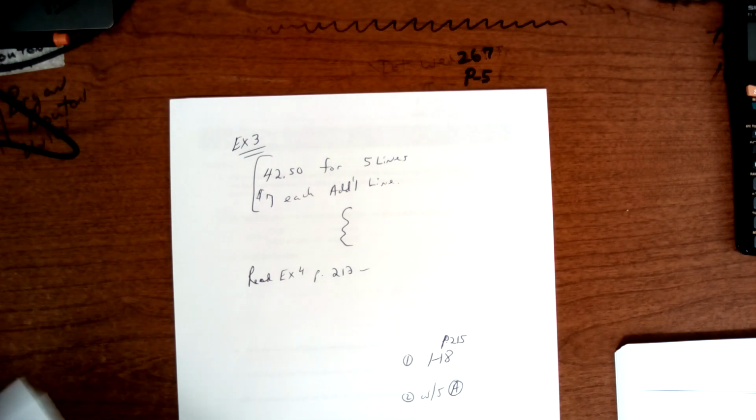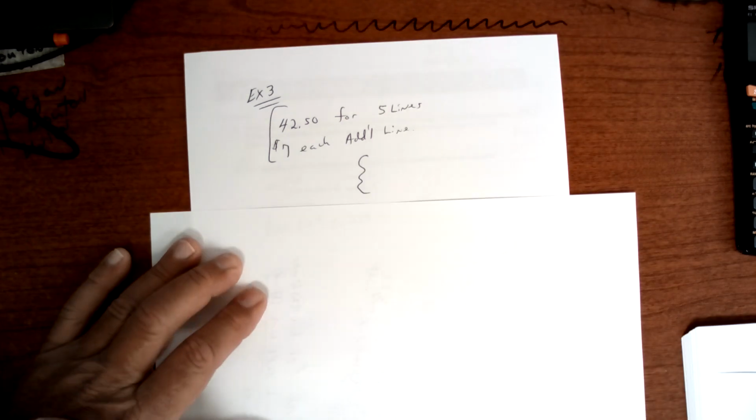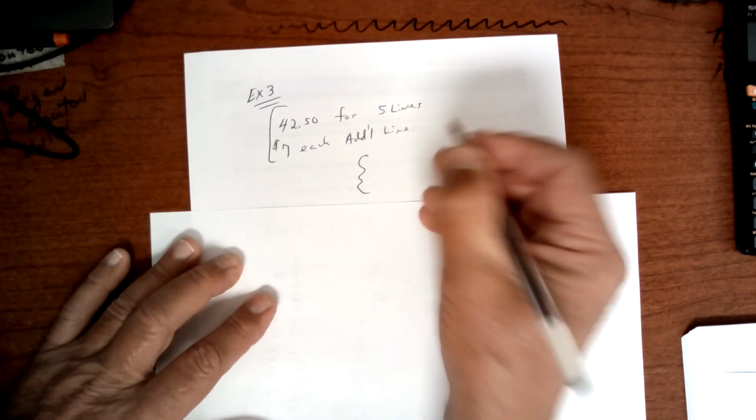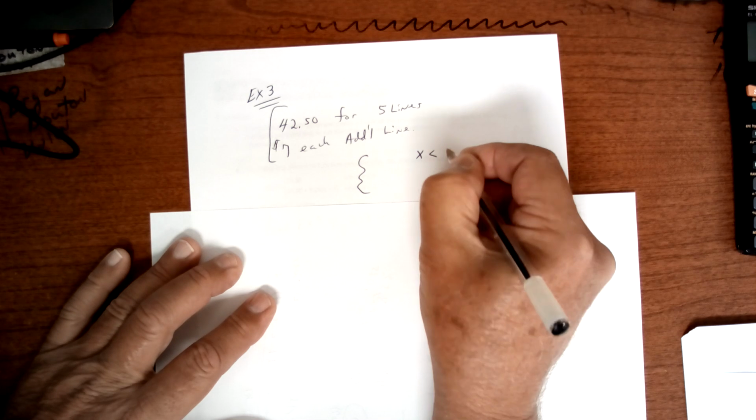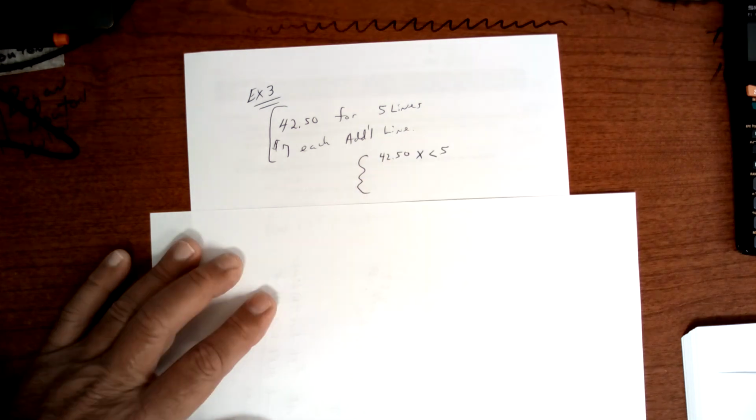This one right here, let's take a look. It's $42 for the first 5 lines. So if the number of lines is less than 5, you're going to pay $42. Anything up to 5 lines. Okay?